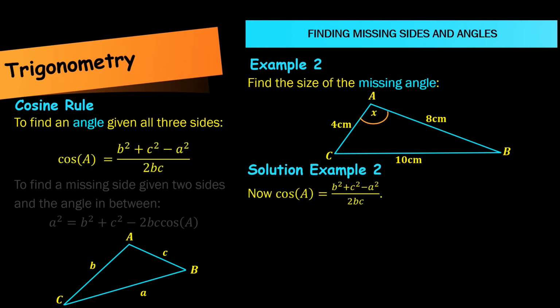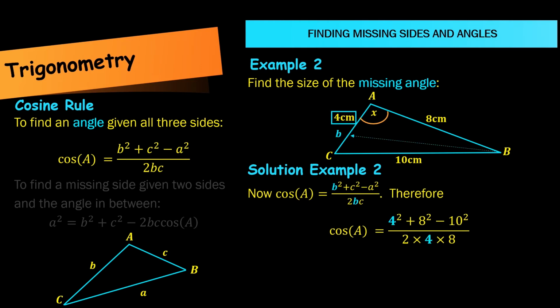So let's find the value of the missing angle and plug in the values of A, B and C. Here we have B equals 4, C equals 8 and A equals 10, giving us that cos A equals minus 0.3125. And therefore A is equal to 108 degrees.